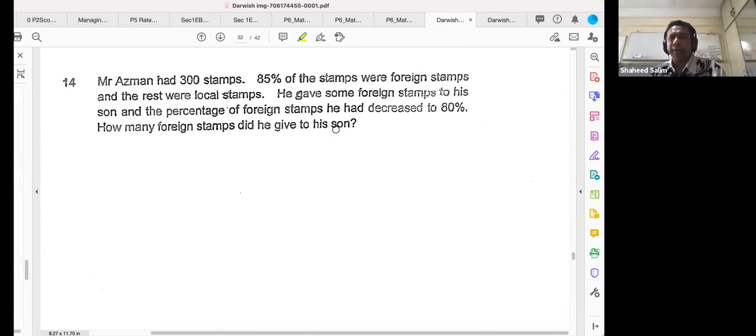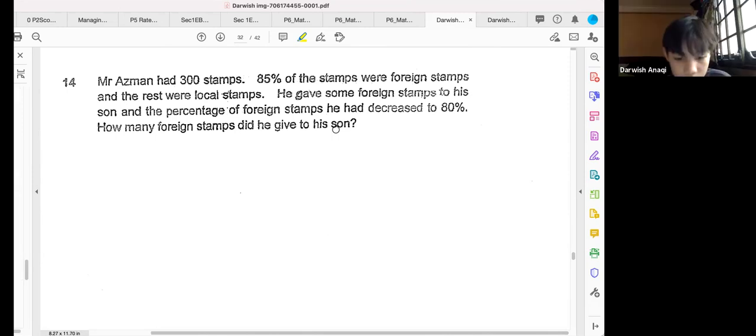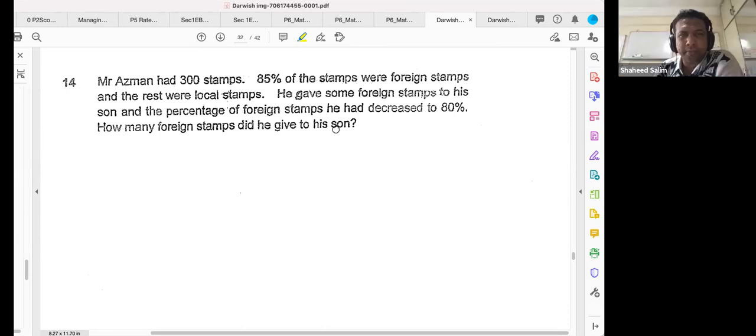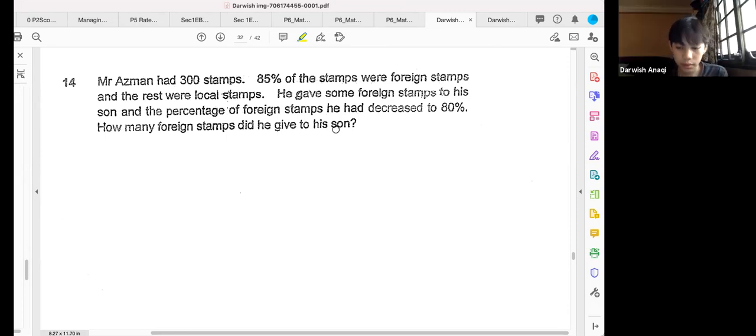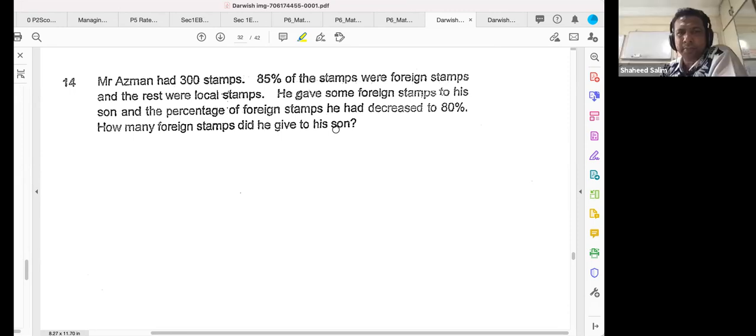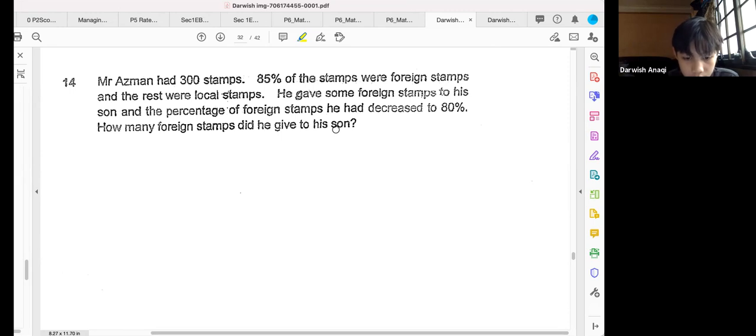Okay, he understands 1% is 3. 85% of the stamps were foreign. 85% of the stamps are foreign. 45 are local stamps. Foreign stamps decrease to 80%.